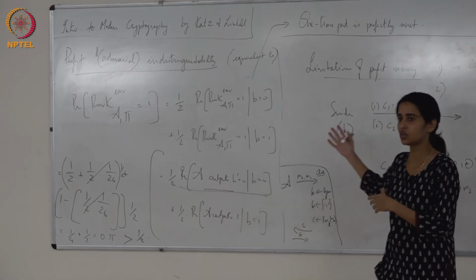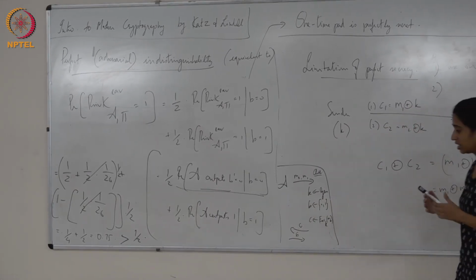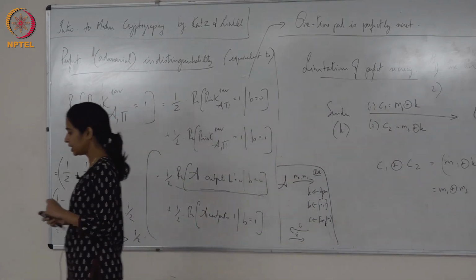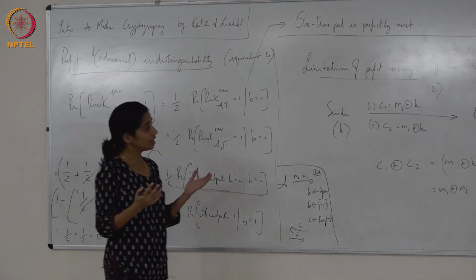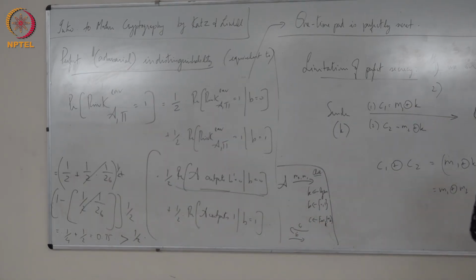So the one-time pad is not actually what is used, and this inherent limitation of the key space being as large as the message space is inherent not just to the one-time pad but to the perfect secrecy setting.